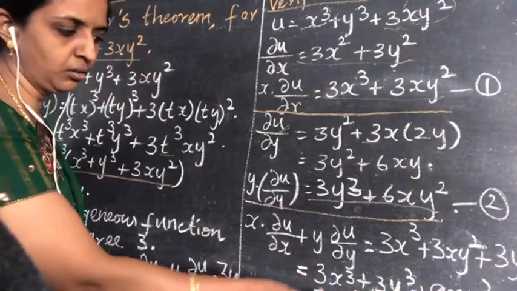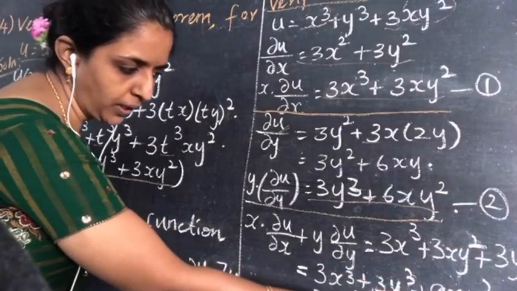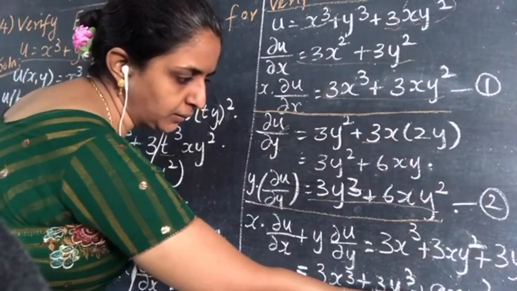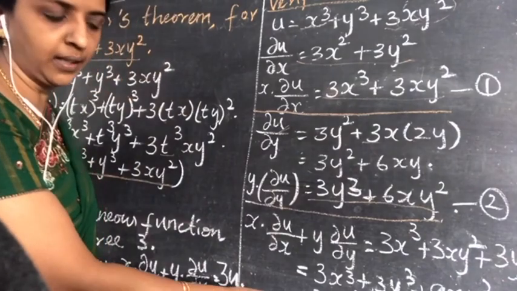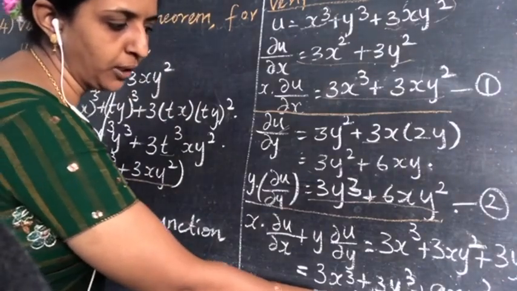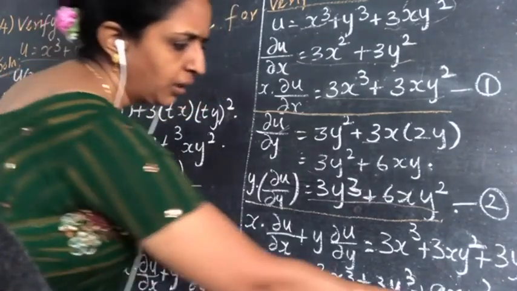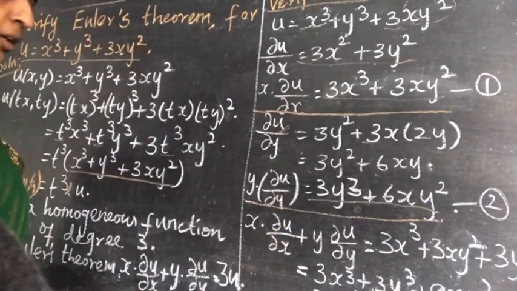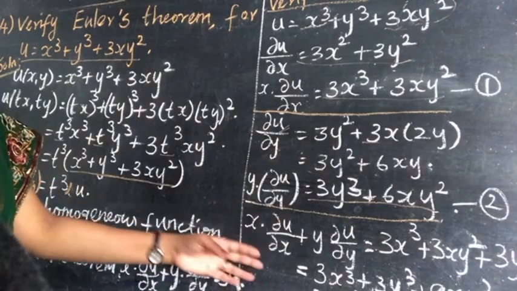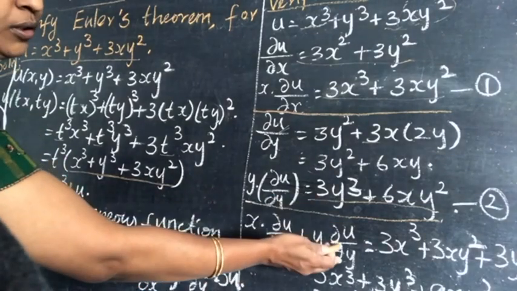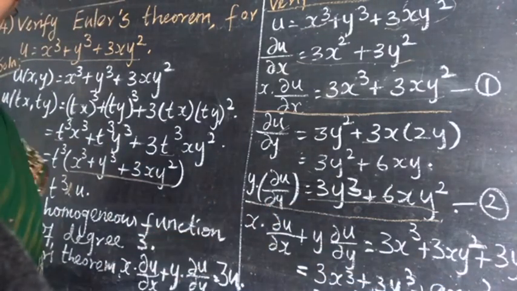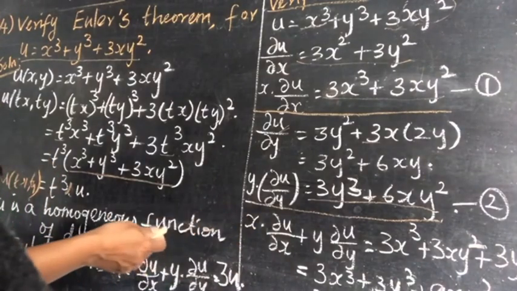So, 3 into x cube plus y cube plus 3xy square, that is our u. So, it is 3 into u. That implies x into dou u by dou x plus y into dou u by dou y is equal to 3u. Hence, the Euler's theorem is verified.